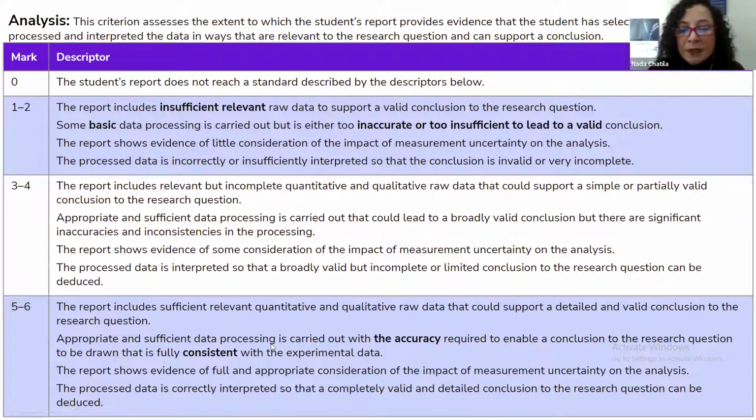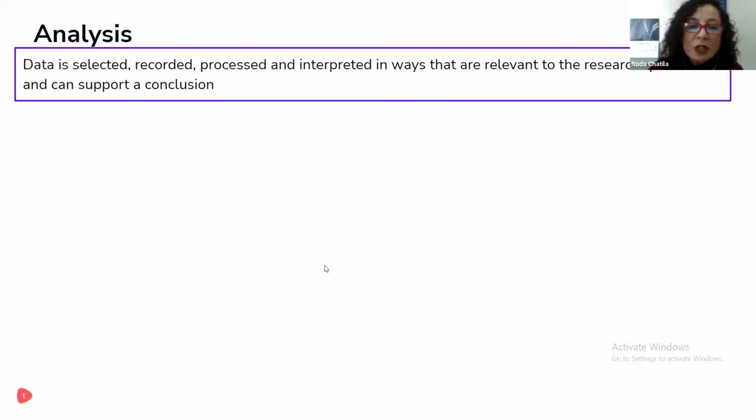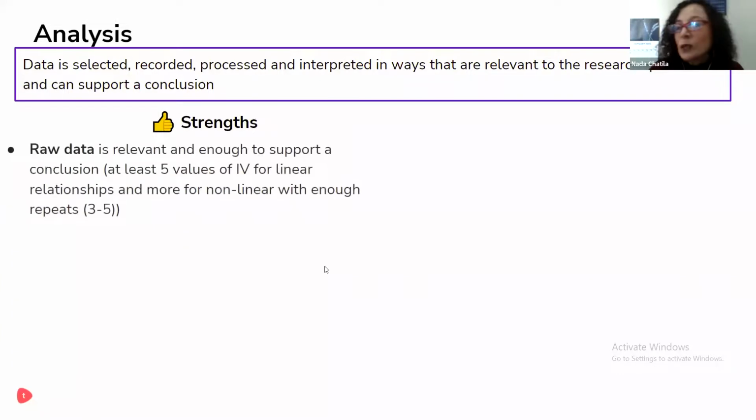Appropriate and sufficient data processing carried with the accuracy required, and consistency. Evidence of full and appropriate consideration of the impact of uncertainty, as well as the interpretation, the last descriptor.